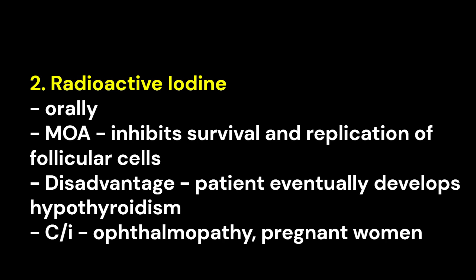It will destroy the follicular cells, it will inhibit their survival and the replication, which will lead to decreased production of thyroid hormones. But the disadvantage is that the patient eventually develops hypothyroidism because it excessively destroys all of the follicular cells. Radioactive iodine is not to be given in patients with ophthalmopathy, and it is also contraindicated in pregnant women.